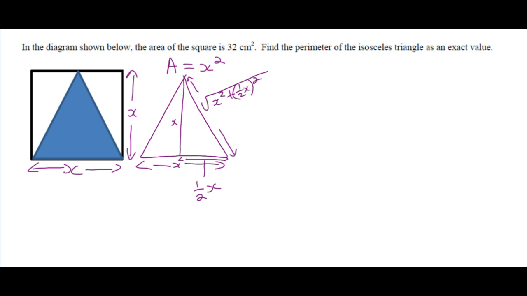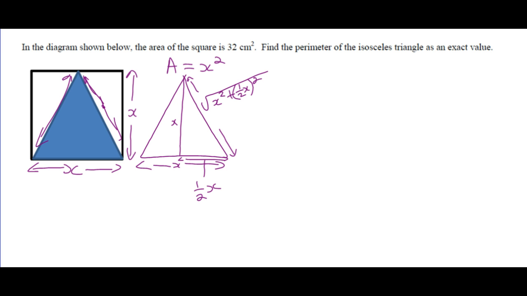So the length of the side of the isosceles triangle, right? And they're both the same, right? So this side is the same as this side, because it's isosceles. So our perimeter is just 2 of these and then 1 of these.